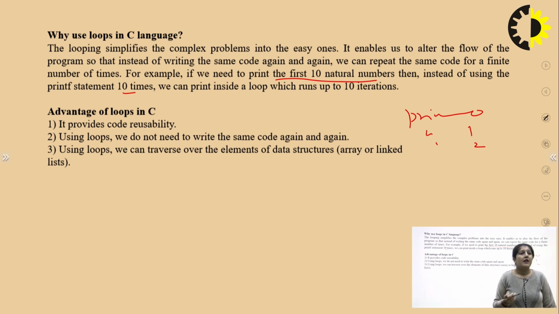Using a loop, we can also traverse elements of a data structure like an array and a linked list. Traverse means we can go through one after another all the nodes in the array or linked list. So these are the basic advantages of using loops in C.